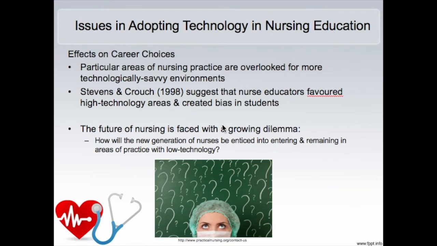Study shows that after graduation, students gravitate towards high technology nursing domains. Students also valued specialized training experience over basic nursing. The future of nursing is faced with a growing dilemma. How will the new generation of computer-literate nurses be enticed into entering and remaining in the areas of practice with low technology?